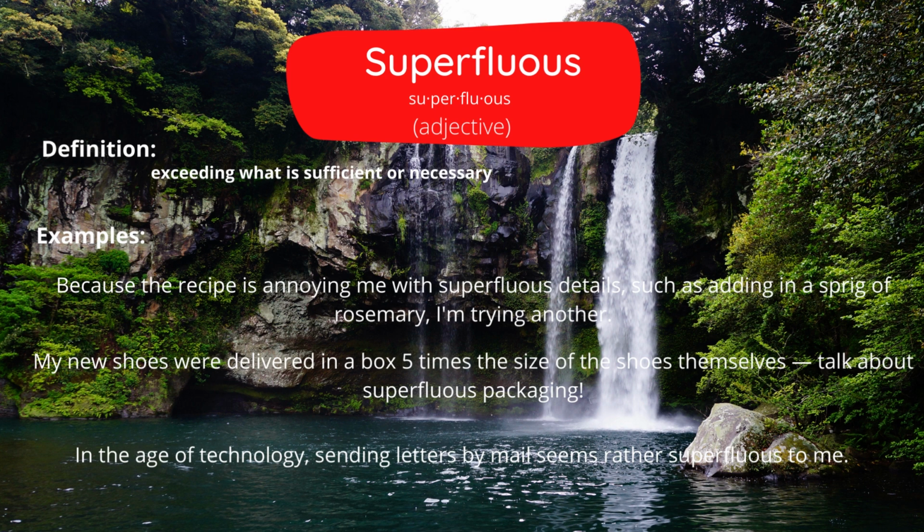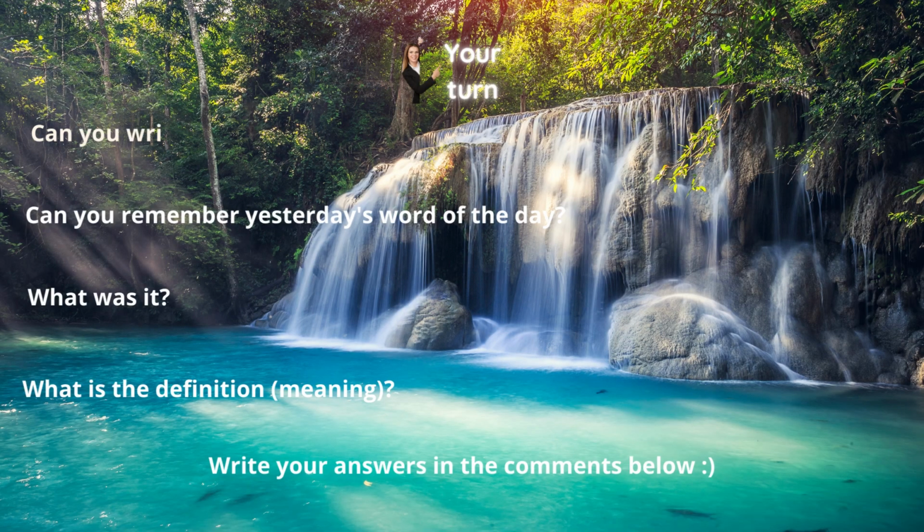Also, I wonder if any of you noticed from the picture where the etymology of this word might be derived. Here we have a waterfall, and in the next slide, we also have a waterfall. A waterfall is something that flows and flows over. And the word super is usually used, or used to be used in particular, as an excess of something.